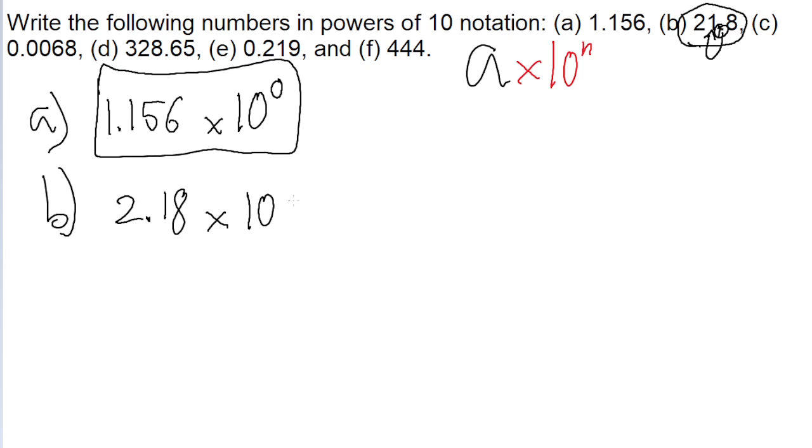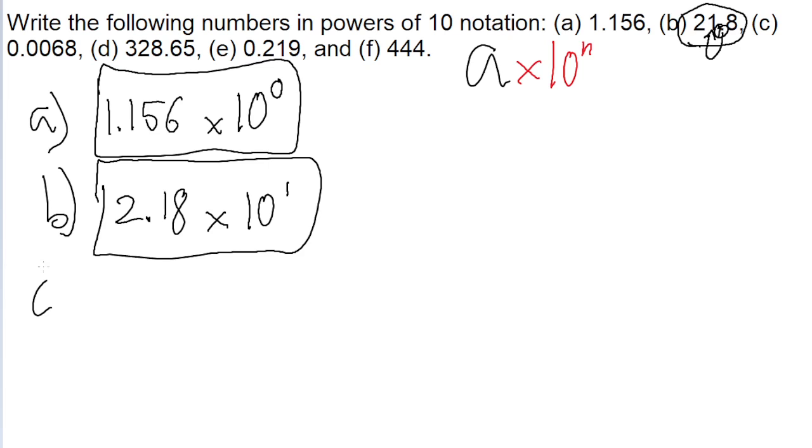So we multiply by 10 raised to the power of 1, because 2.18 multiplied by 10 on its own will get us 21.8. That's kind of the idea for every part of this problem. We want to get the coefficient between 1 and 10, and to do that we have to shift the decimal points while simultaneously counteracting that with whatever power we choose for the 10.